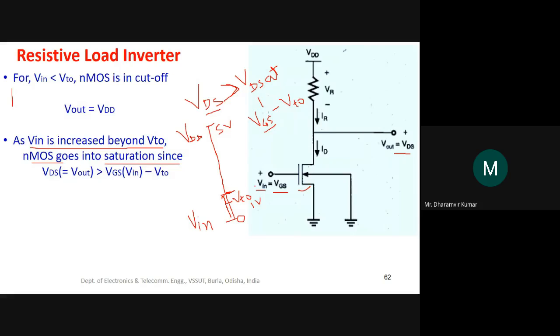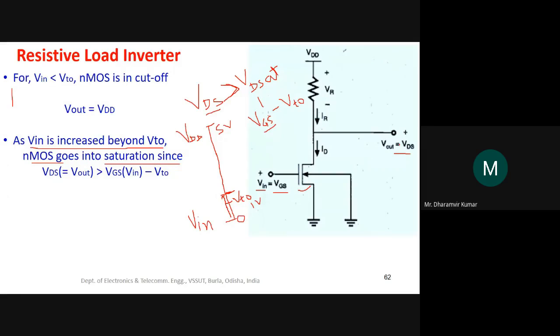VGS is equal to the input voltage, so this is the input range, and VGS minus VT becomes this range, which is small.